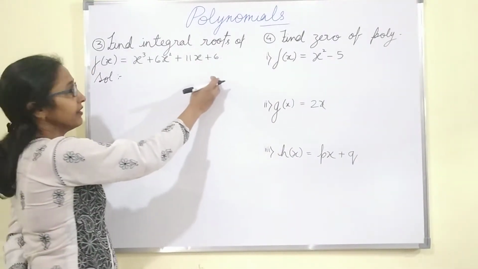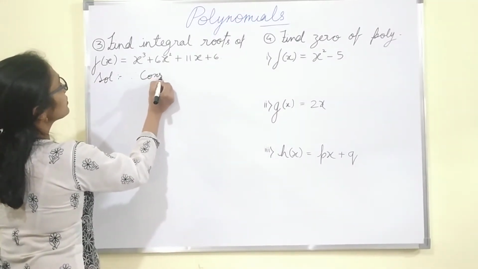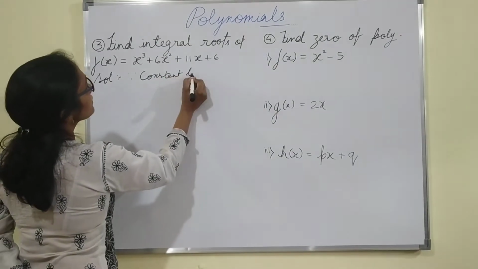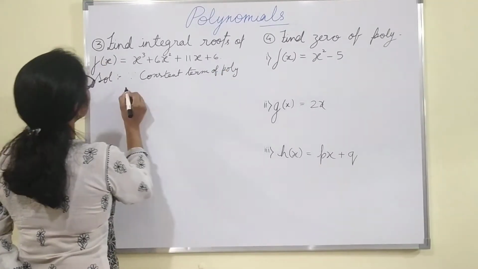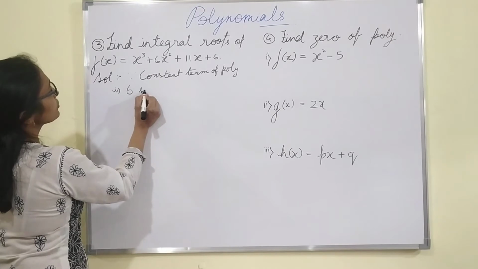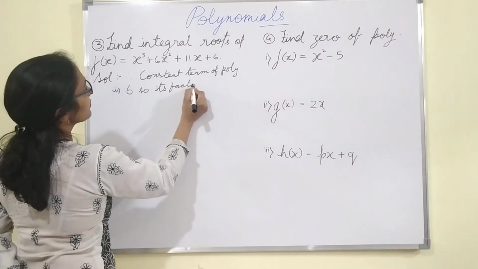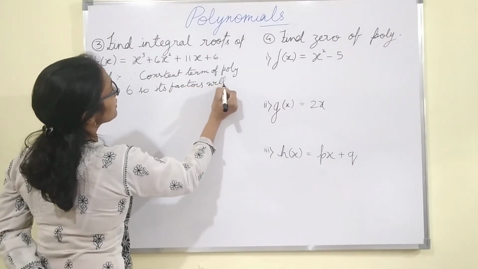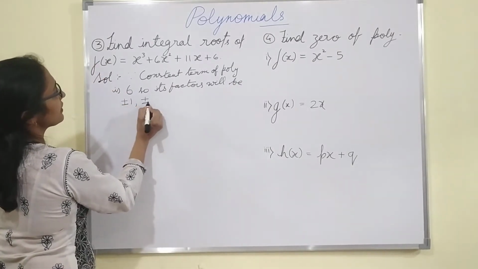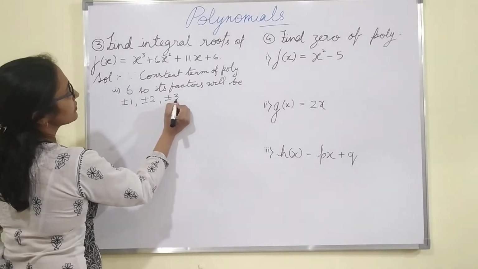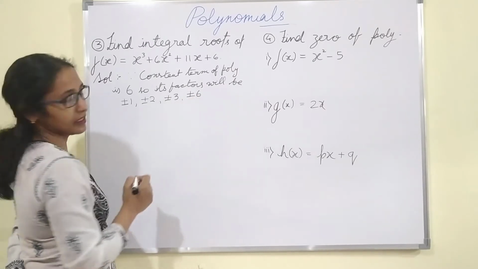Since the constant term of the polynomial is 6, its factors will be ±1, ±2, ±3 and ±6 also.